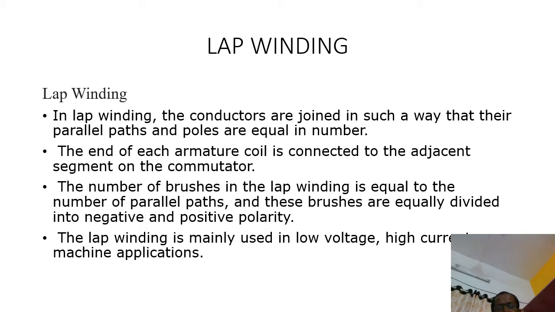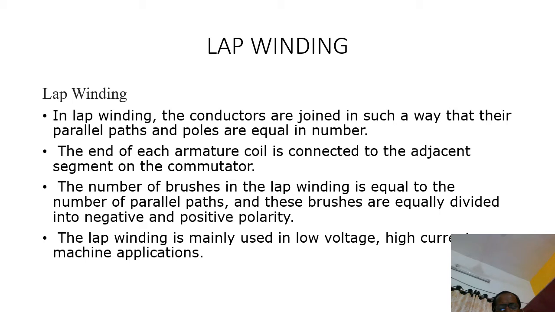The end of each armature coil is connected to an adjacent segment on the commutator. The commutator has a number of segments, and each segment is connected to an armature coil. The number of brushes in lap winding is equal to the number of parallel paths. So the first point: the number of parallel paths is equal to the number of poles.